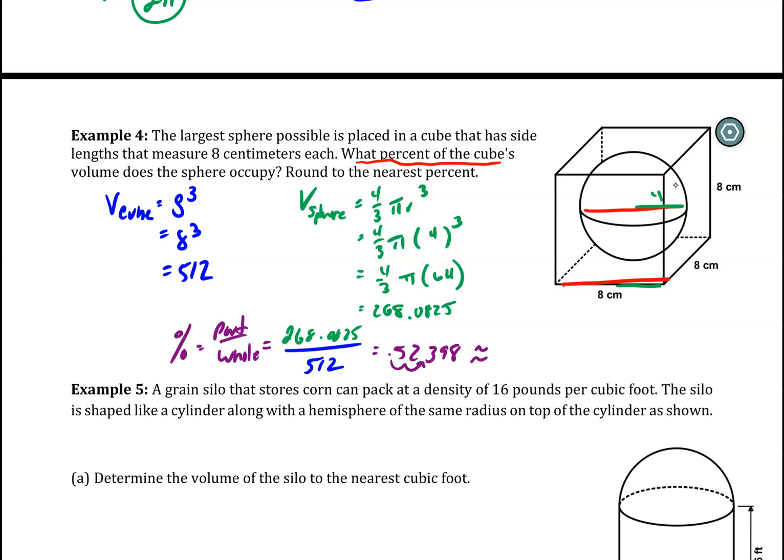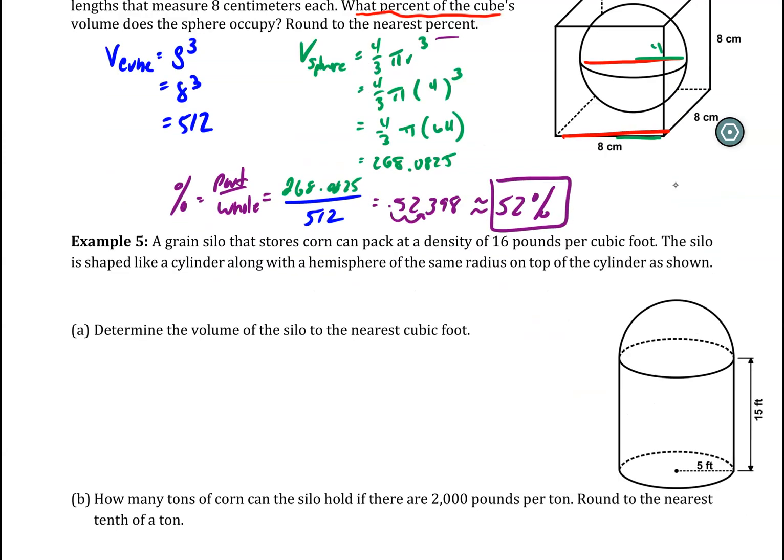So it's going to give me approximately, and we want the nearest percent, so approximately 52% of this cube is filled by the sphere. So again, it's really nothing much more than just finding the volumes, and then just an additional process to give the information the way they are requesting it. And again, in this case, it's as a percent.